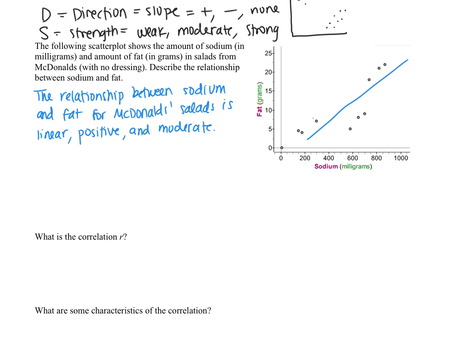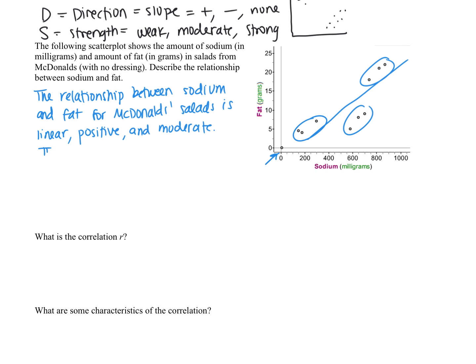What we do notice, though, is that there are 3 clusters. Oh, this point, I guess, is unusual. I don't think that's actually a point, though. That just looks like 0, 0, which means you're eating nothing. So what I would say is unusual is that there are 3 clusters.